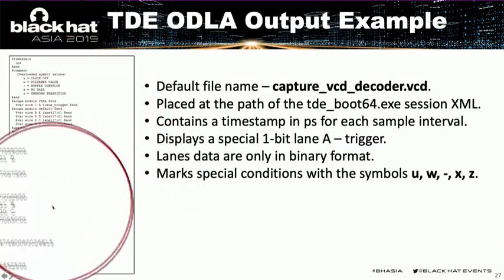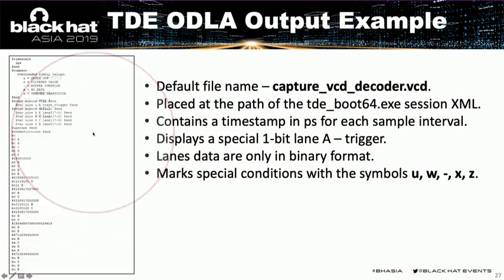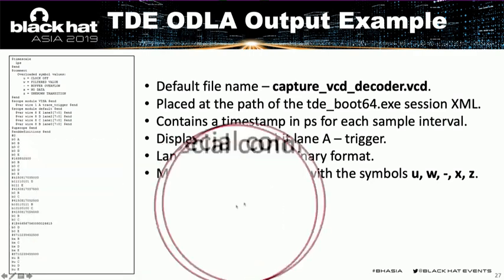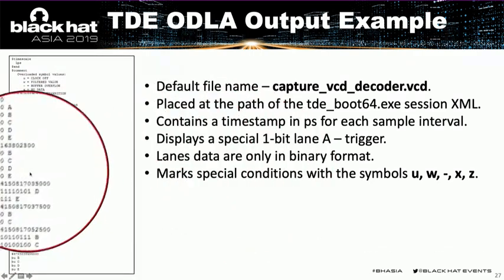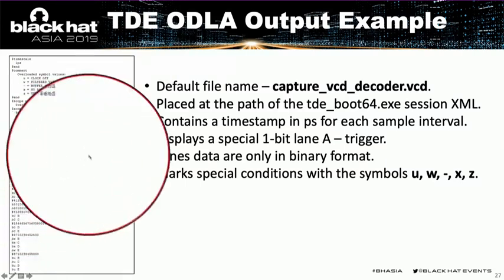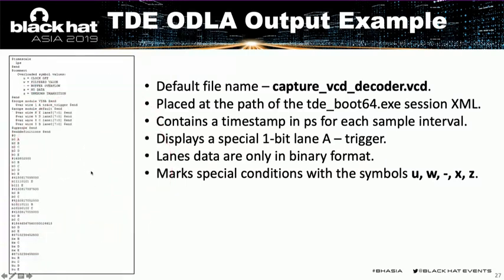It looks like depicted on the slide. We have found that the file is of a poor, unusable format. Its timestamps are in picoseconds and only binary data for VISA lanes is very annoying. In fact, you will need some transformations before you can use that file in real work.